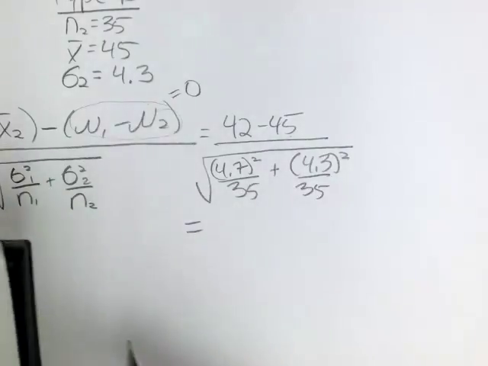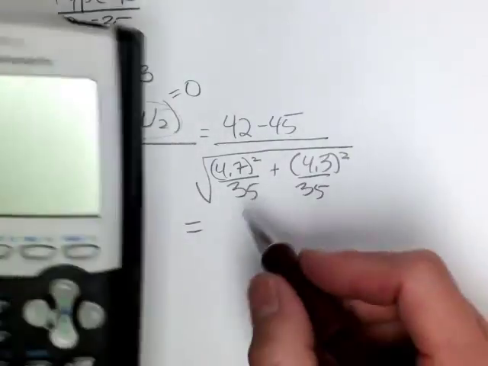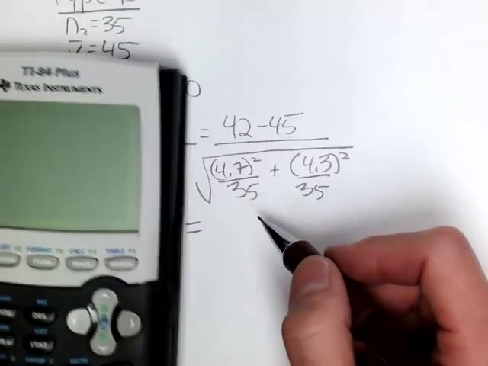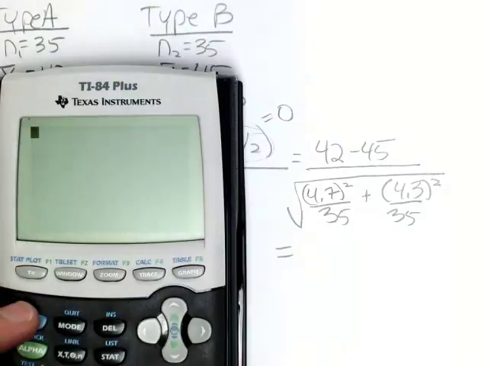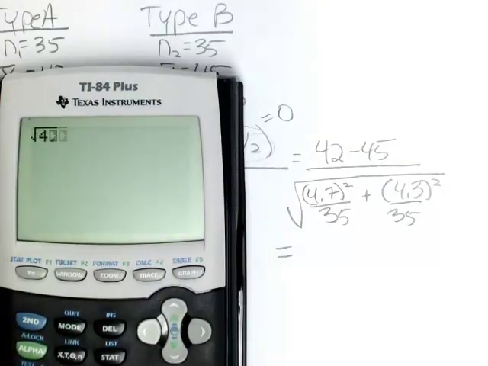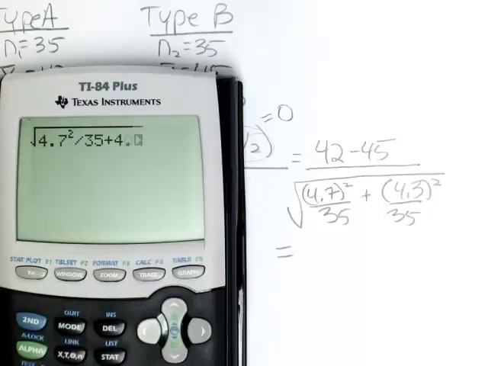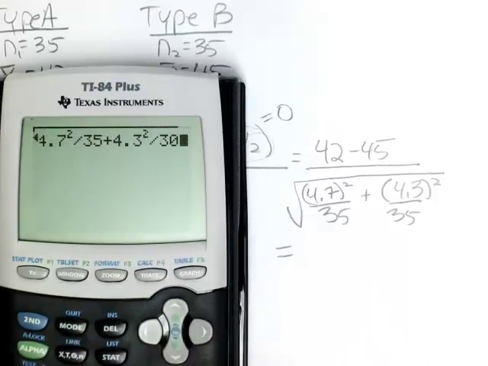Let's calculate the denominator using the calculator. I have the square root of 4.7 squared divided by 35 plus 4.3 squared divided by 35, and then bright arrow out of that.